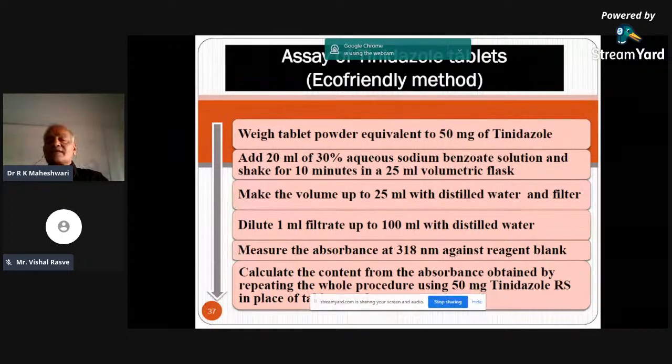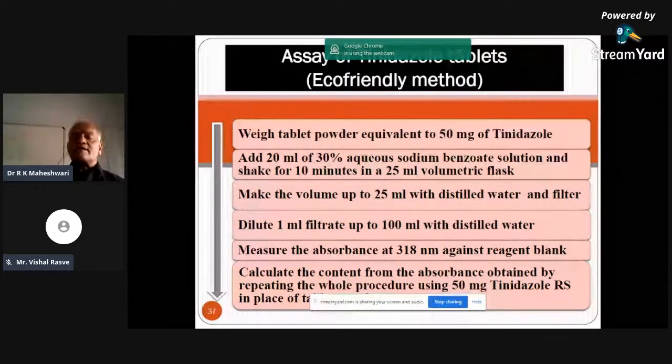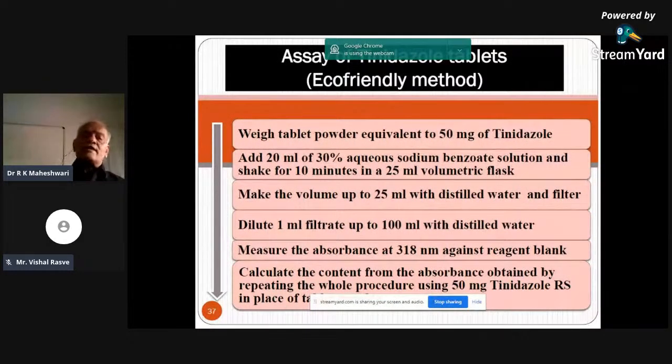So that there is neutralization of the effect of the compounds present other than the drug. How will we prepare it? Take 20 ml of 30% aqueous sodium benzoate solution in a 25 ml clean volumetric flask. Then make up the volume to 25 ml with distilled water.